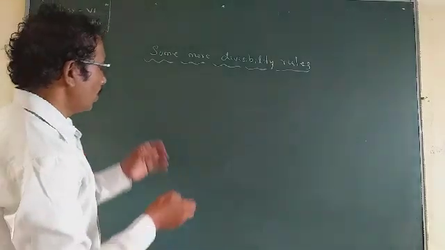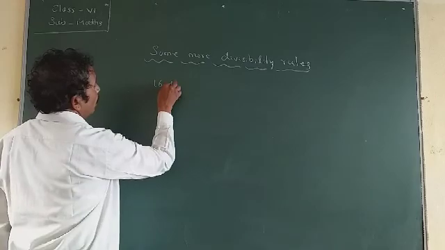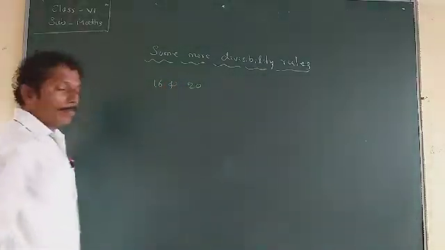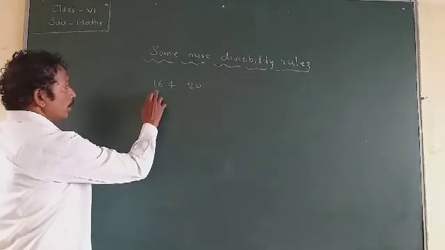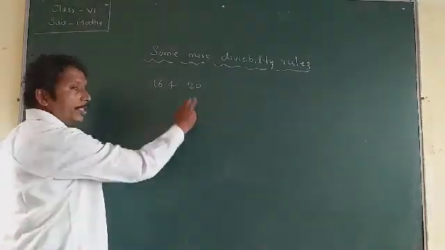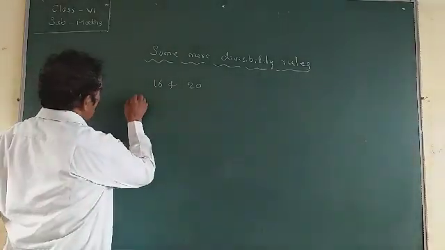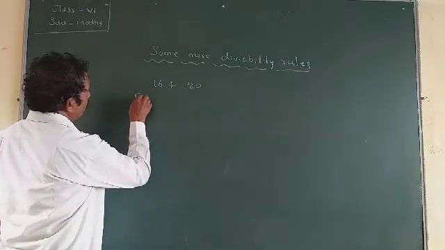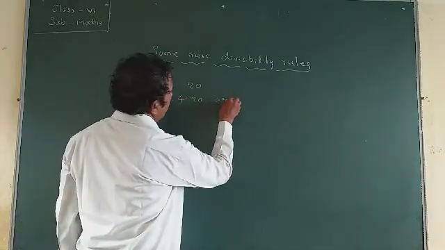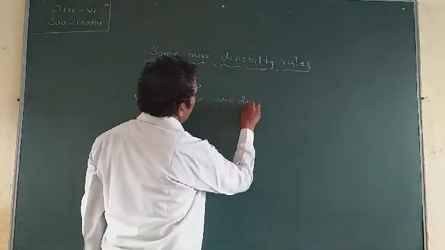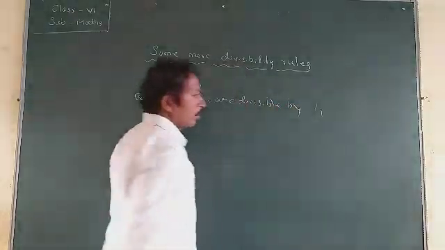Students, take two numbers 16 and 20. 16 is divisible by 4, 20 is divisible by 4. Both 16 and 20 are divisible by 4.